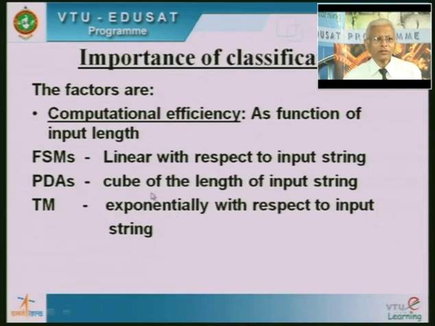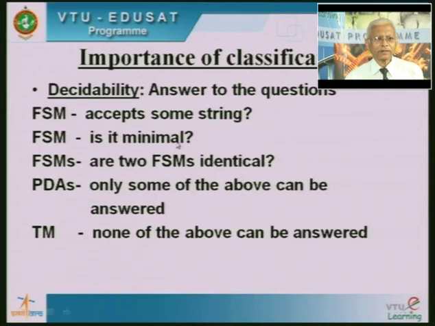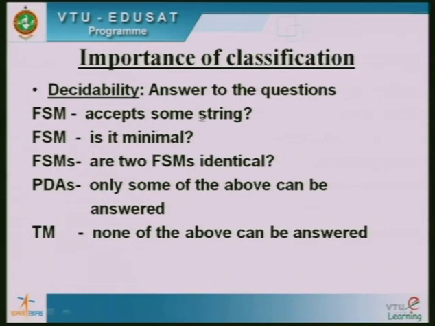The complexity is gradually increasing and the linearity is not there. So it is going to take less time, more time, and still more time. That is why computational efficiency is one of the important factors for why we study this.